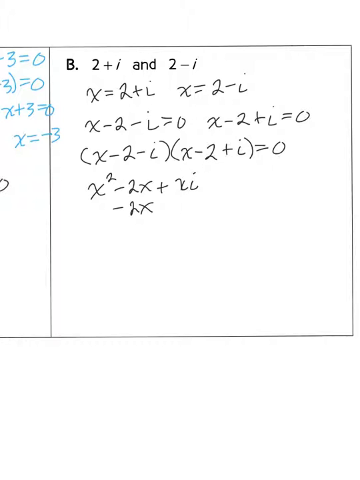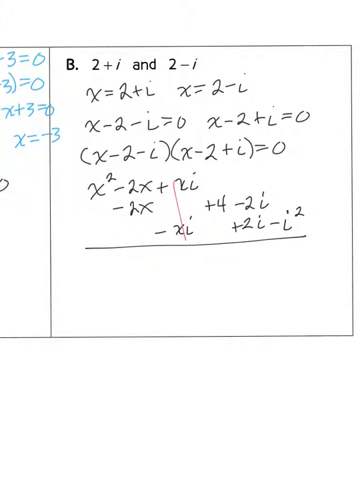Negative 2 times negative 2 is positive 4. Negative 2 times i is negative 2i. Finally, distribute the negative i. Negative i times x is negative xi. Negative i times negative 2 is positive 2i. Negative i times positive i is negative i squared.